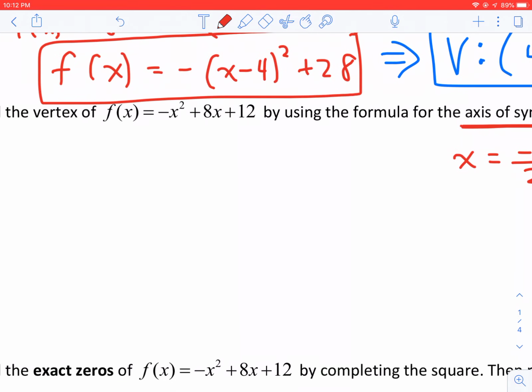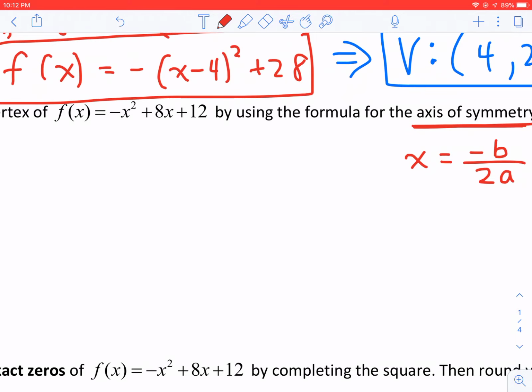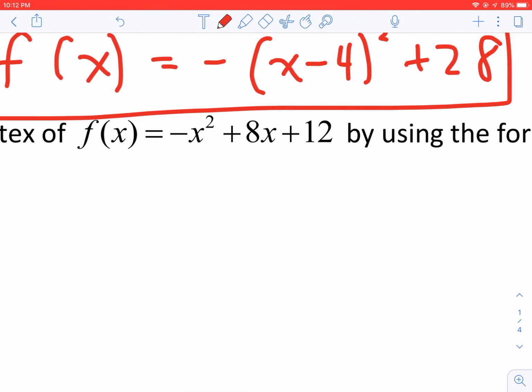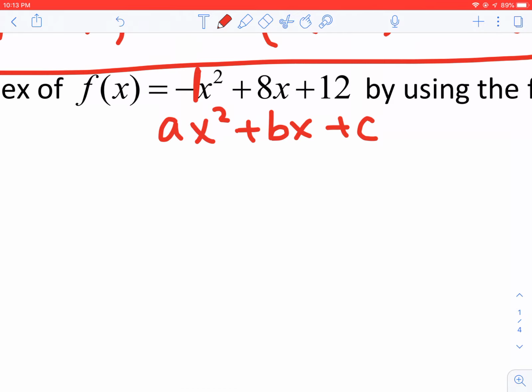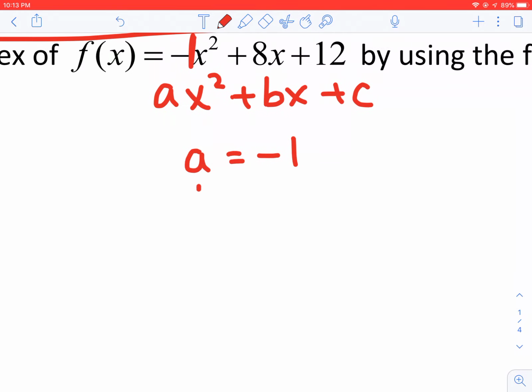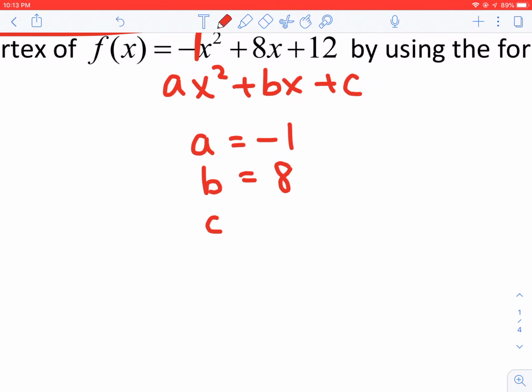If we use this formula to get the axis of symmetry, remember this is ax squared plus bx plus c. Our a value, the number in front of the x squared, is negative 1 here. So a equals negative 1, our b value is equal to 8, and our c value is equal to 12.